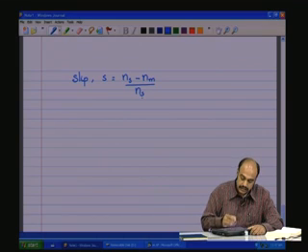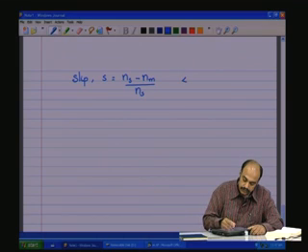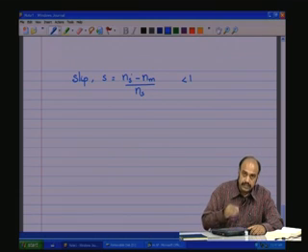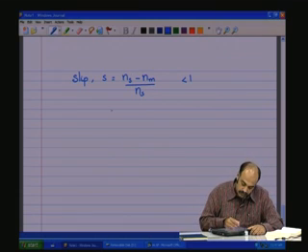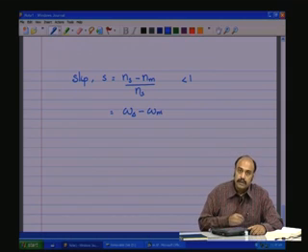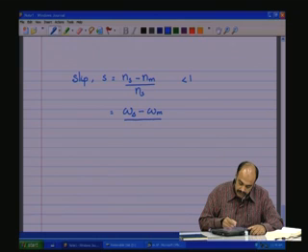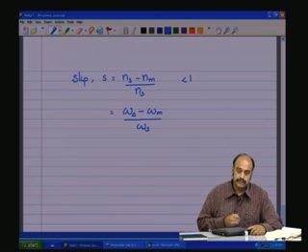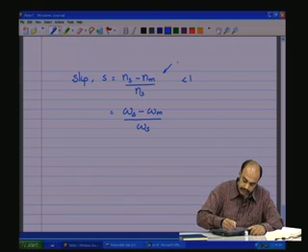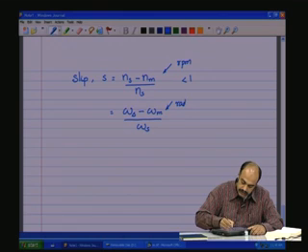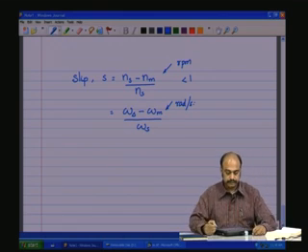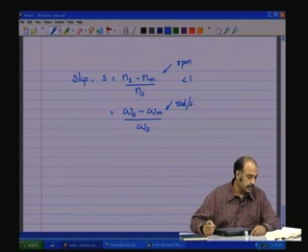And this is something always less than 1, because Ns is always greater than Nm. It could also be written as omega s in radians per second minus omega m in radians per second, divided by omega s, where this is in rpm and this is in radians per second. So this is the slip.